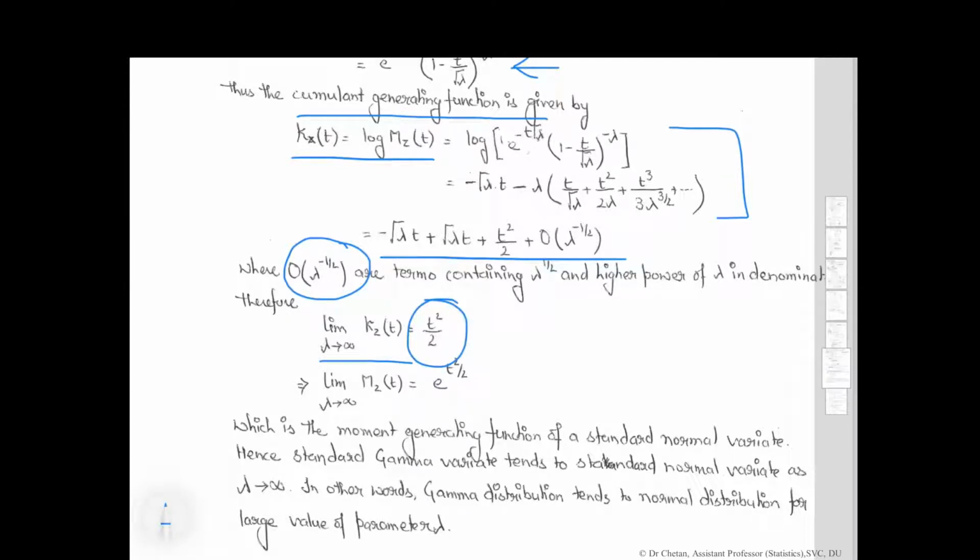Or we can write like this, as lambda tends to infinity, the moment generating function of z is equal to this quantity, which is the moment generating function of the standard normal variate. Hence, the standard gamma variate tends to the standard normal variate as lambda tends to infinity. In other words, we can say that the gamma distribution tends to the normal distribution for large values of its parameter, that is lambda.